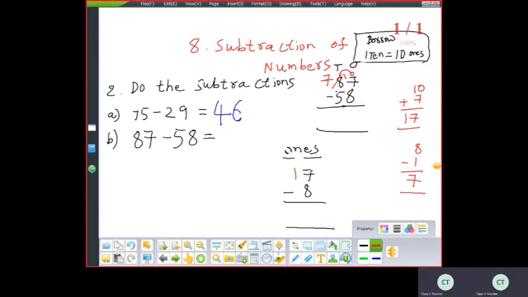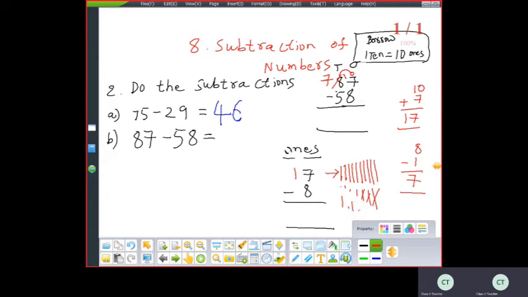Now subtraction on 1. 17 minus 8. From 17 we subtract 8. 1, 2, 3, 4, 5, 6, 7, 8, 9, 10, 11, 12, 13, 14, 15, 16, 17. Means cut 8 lines.